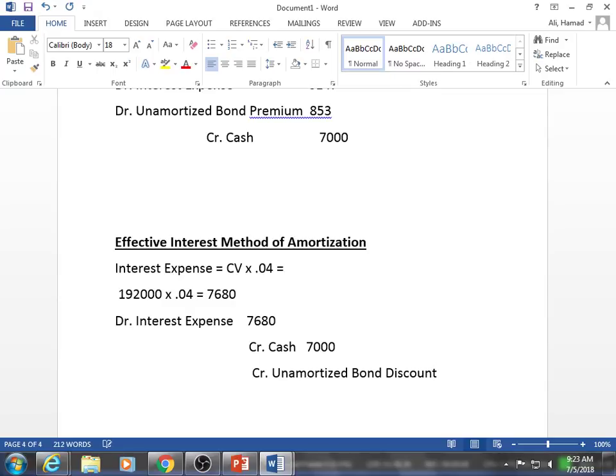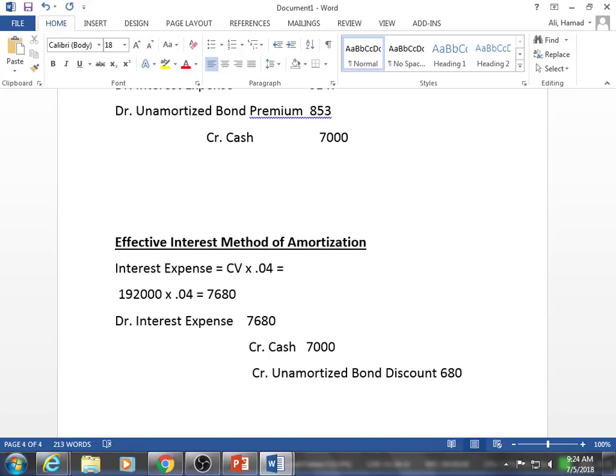You're right, because it has to balance. Under the straight line, we divided the whole discount by 10. Here, we don't divide by 10. It's going to be the difference between your interest expense and your interest payment or cash.